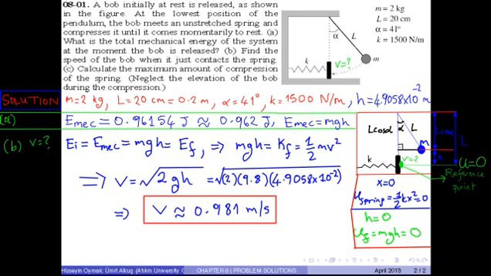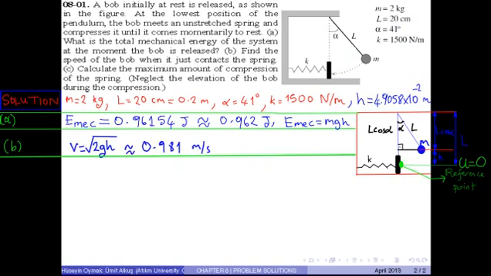As a result, we get the speed of the bob when it just contacts the spring as 0.981 meters per second.